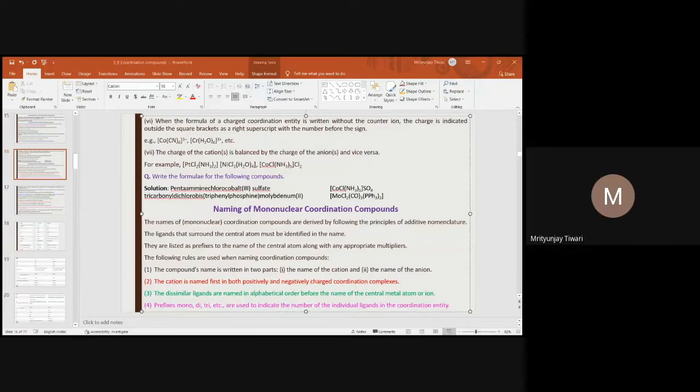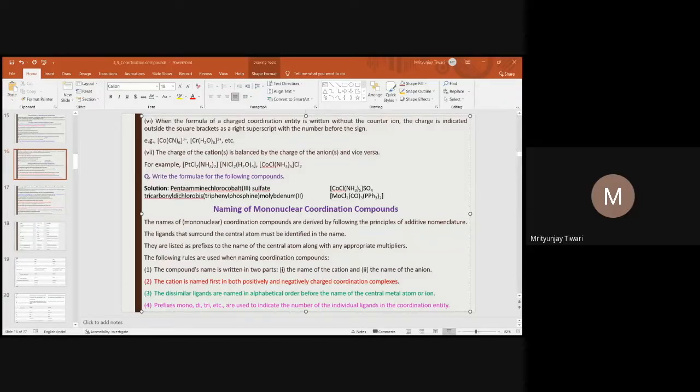Or if the coordination entity is cationic, we will write the name of this coordination entity first, and then the name of the counter ion, as we saw in this case, pentaammine cobalt(III) sulfate. This is the cationic coordination entity, and after that we have just written the counter ion. So this is what it means.